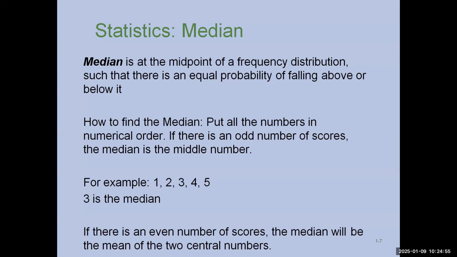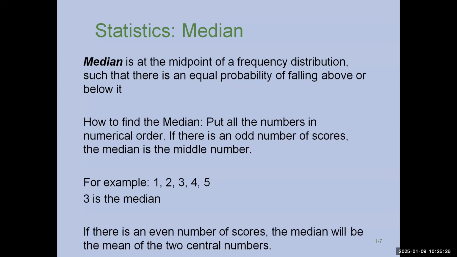The median is the midpoint of a frequency distribution such that there is an equal probability of falling above or below it. For example, you have 5 data points here, and 3 is the median because it is an odd number. Whenever there is an odd number of values, we take the middle position as the median. That is why it is 3.